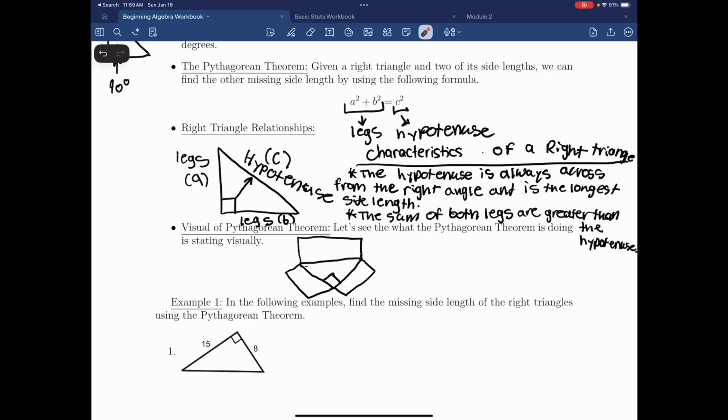And the one thing you can think about is, if I wanted to find the area of this rectangle here, I would multiply this base times the height. So base times height. And what is c times c? Well, that's c squared. And then here, for this rectangle, let's call this side length b.